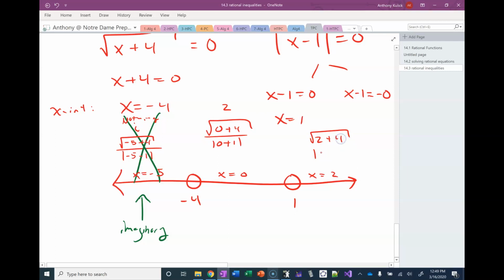Okay, so we have the square root of (2 + 4) over the absolute value of (2 + 1). Well, 2 plus 4 is 6. The square root of 6 is positive, and the absolute value of 2 plus 1 is 3, so I have square root of 6 over 3. But the point of it is that this is positive and this is positive.